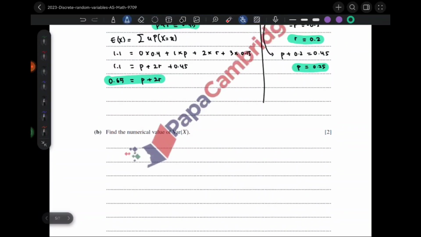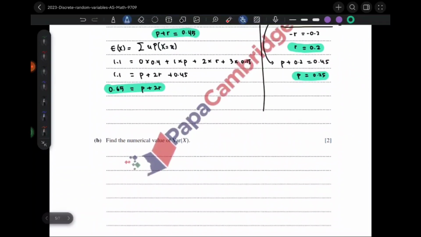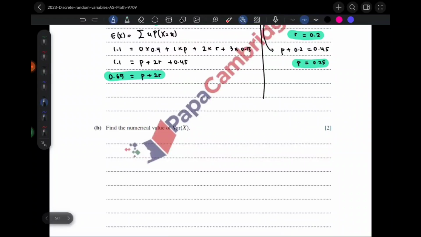For part b, find the numerical value of Var(X). Remember, Var(X) equals E(X squared) minus E(X) all squared. Remember this difference.